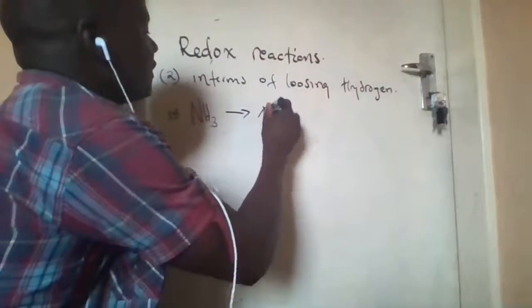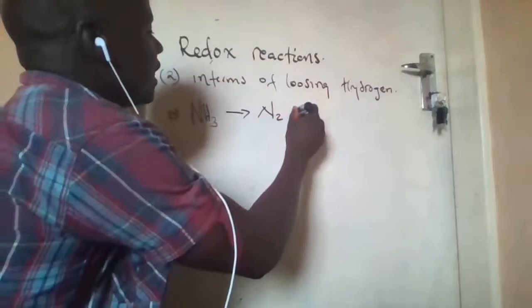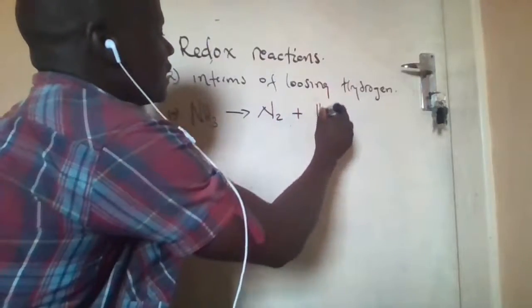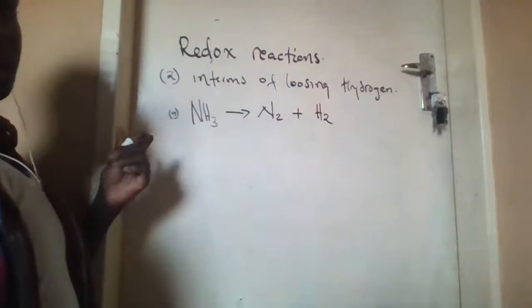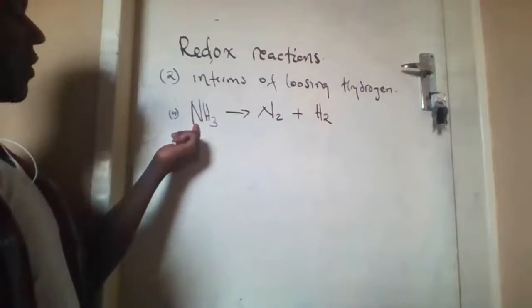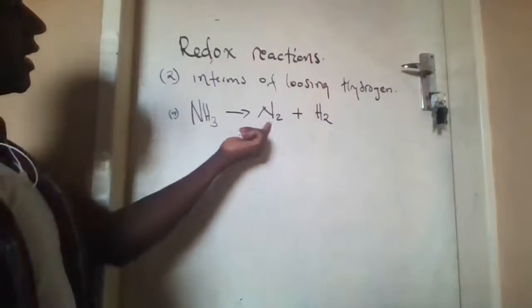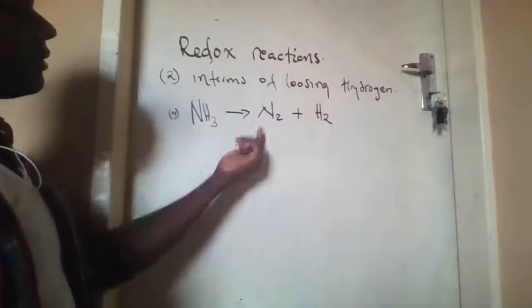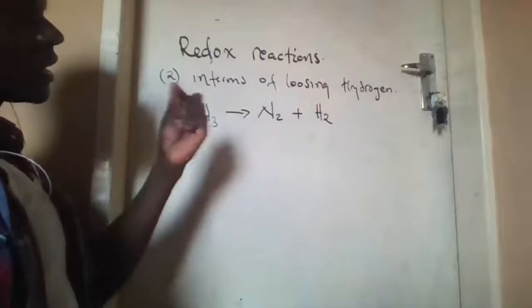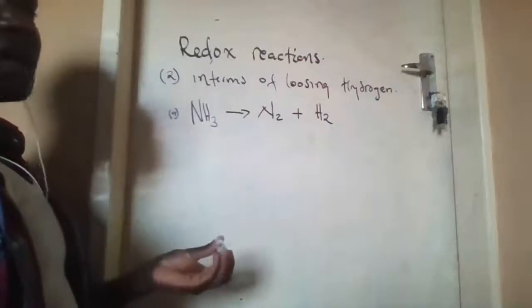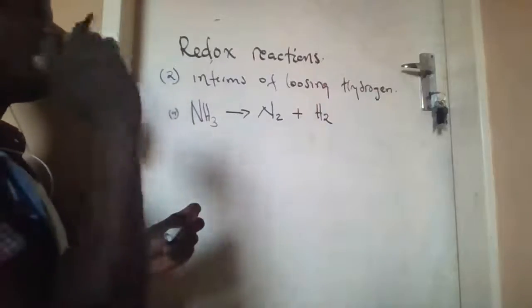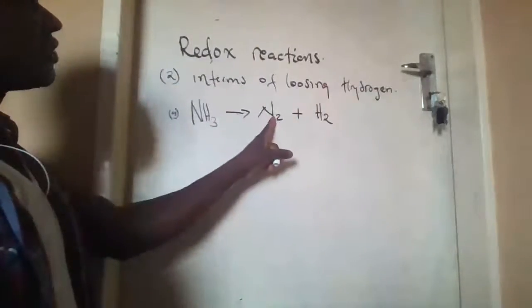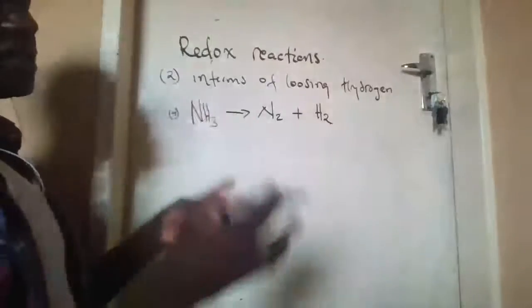So you're going to have nitrogen here, which is a diatomic element, plus hydrogen, which is a diatomic element as well. Do not ask why here there's one nitrogen and yet here we've got two. Where is the other one coming from? Always when you're writing the chemical formula of diatomic elements such as hydrogen, oxygen, nitrogen, you have to take care of the two, because nitrogen cannot exist as a single entity.